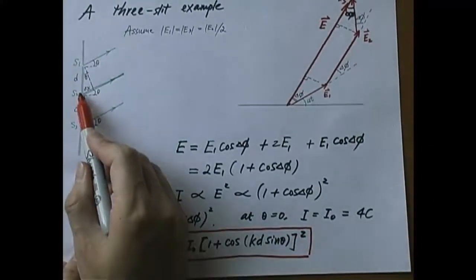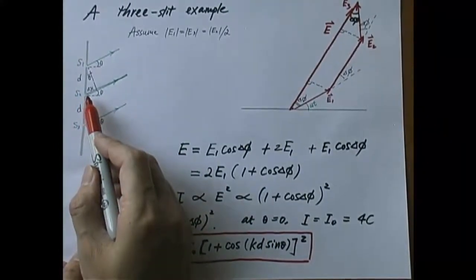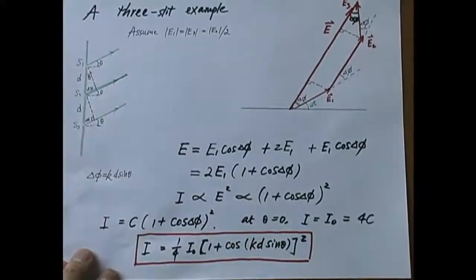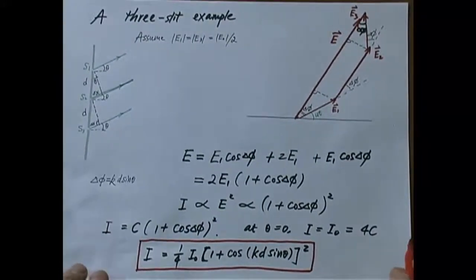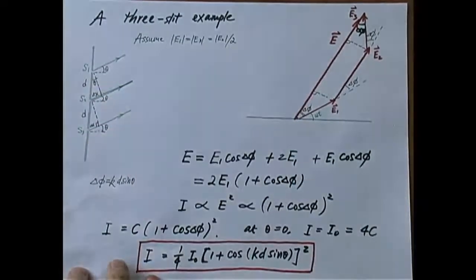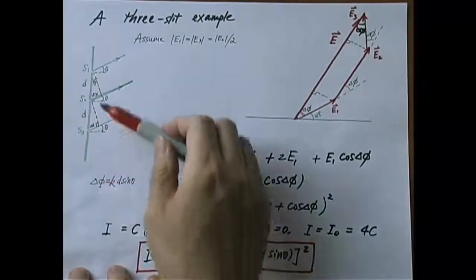If the middle slit offers twice as much amplitude of its electric field as the other two, right? Of course, if you understand the general idea of phasor addition, I can make any twists and turns. You can always finish it accordingly. For example, I can say, oh no, what if these two d's are not the same? Of course the delta phi's are not the same, right?